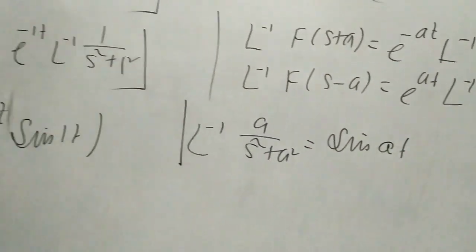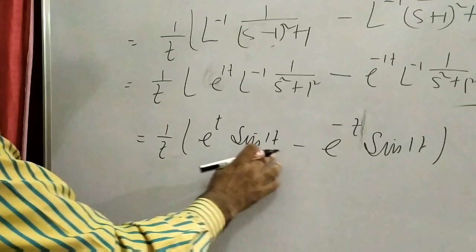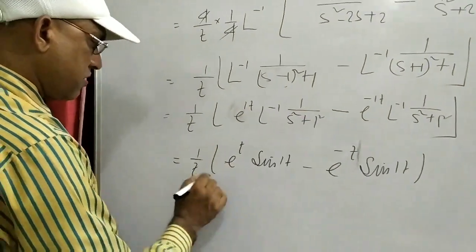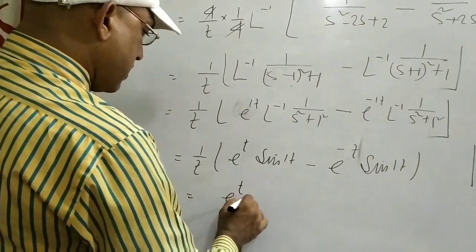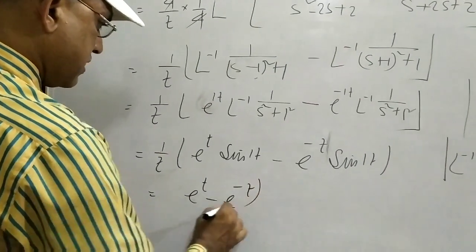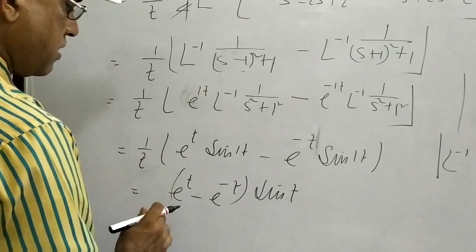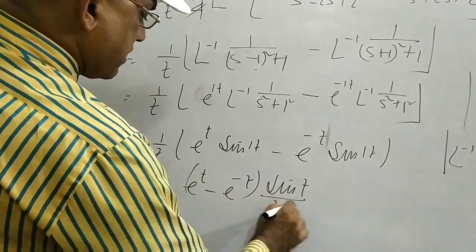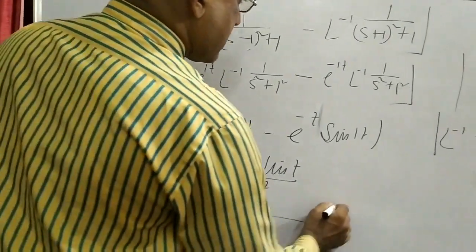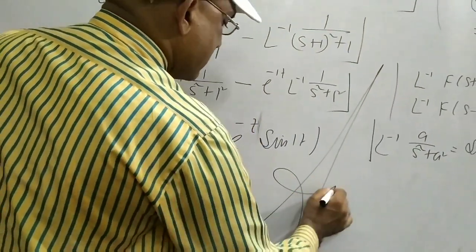So from these two, sine t is common. We can write e to the power t minus e to the power minus t, and sine t is common, divided by t. We can write in this way also. And this is our final answer.